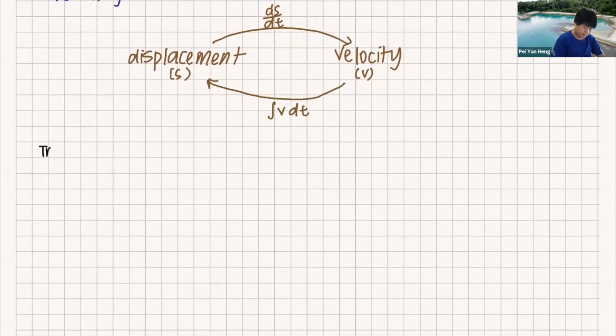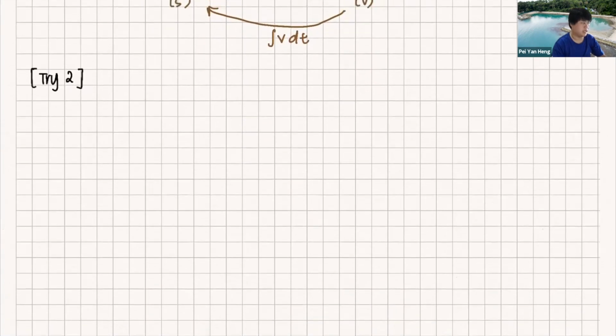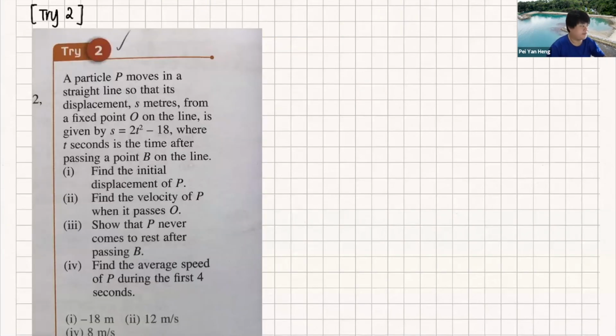So let's look at Try 2 first. Here I'm going through some of the textbook questions, and for practice you will do the execution. So let me just insert the image. I have inserted the image from the question from Try 2.